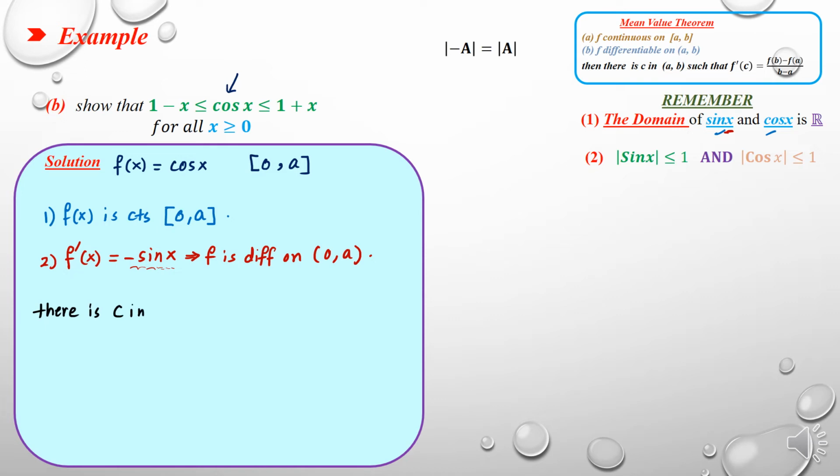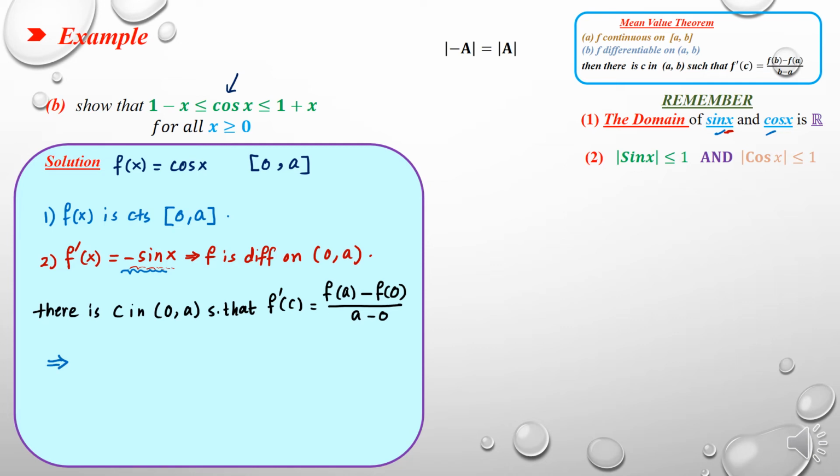a c in the interval (0, a) such that f prime of c equals f of a minus f of 0 divided by a minus 0. Now f prime of c is given because f prime of x is minus sine x.